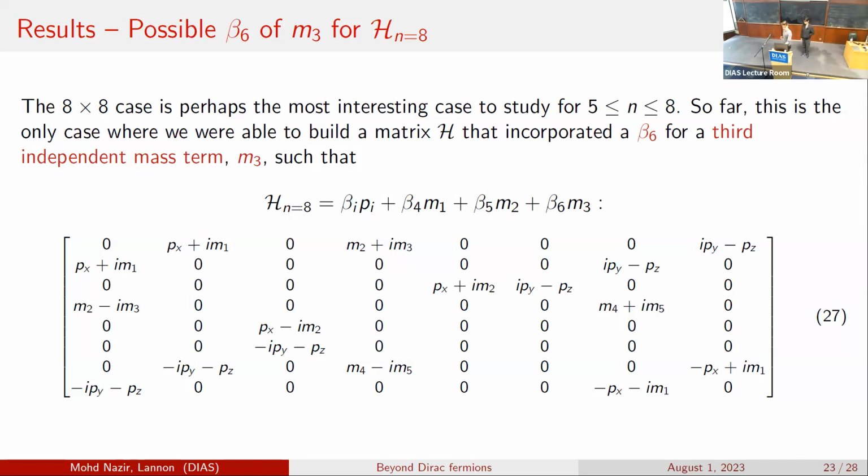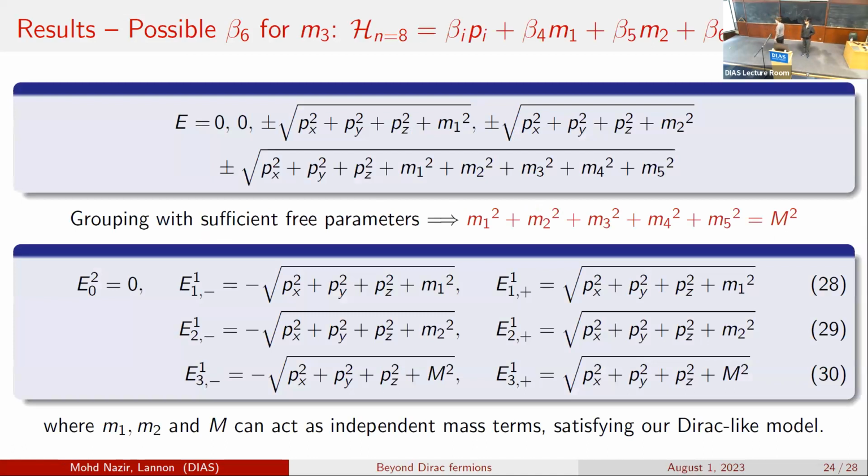The eigenvalues of that are shown here. And again, what we can do is group M3, 4, and 5 together, regard them as parameters that we can use to tune big M so that it is independent from M1 and M2. And we obtain the correct dispersions for these eigenvalues and the zero as well.